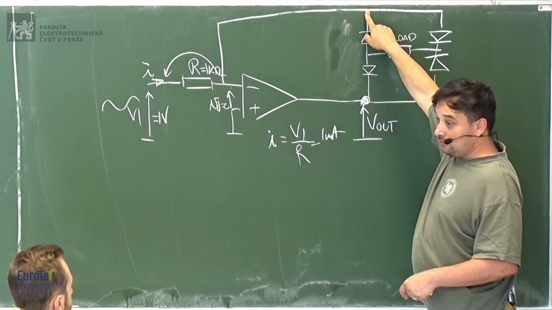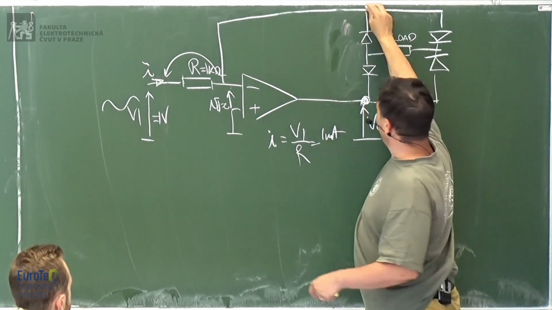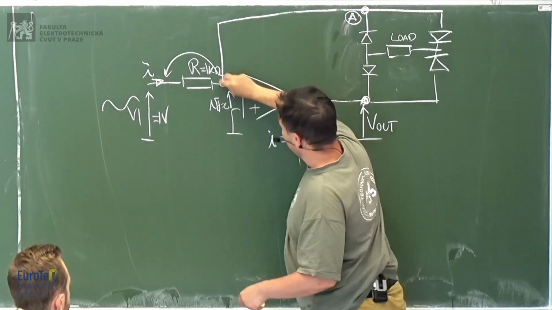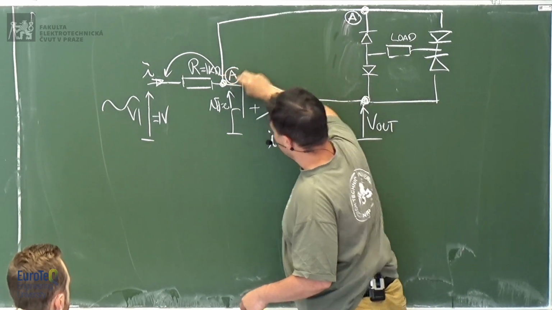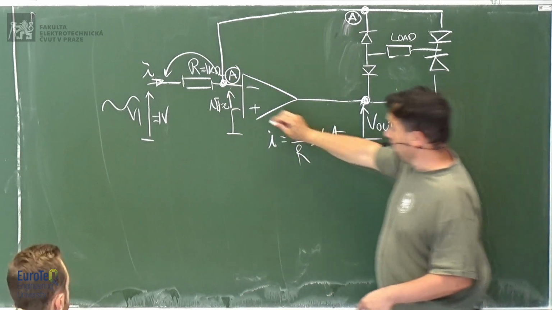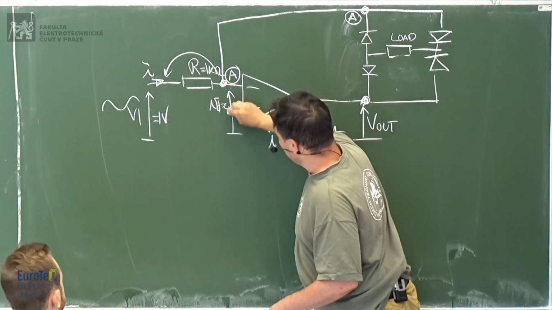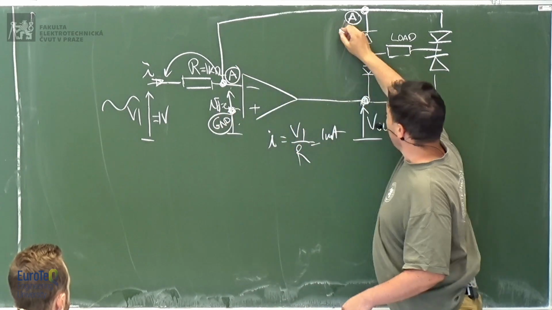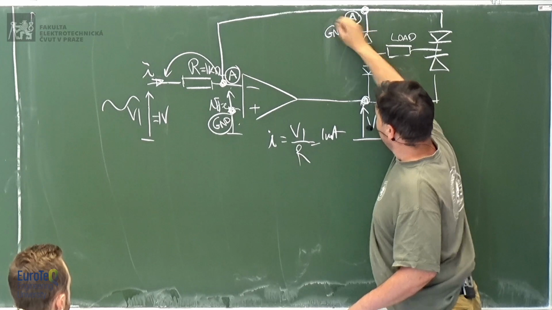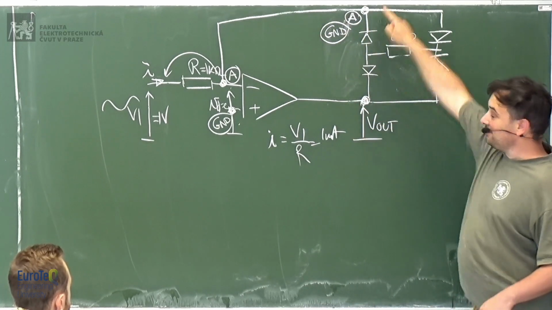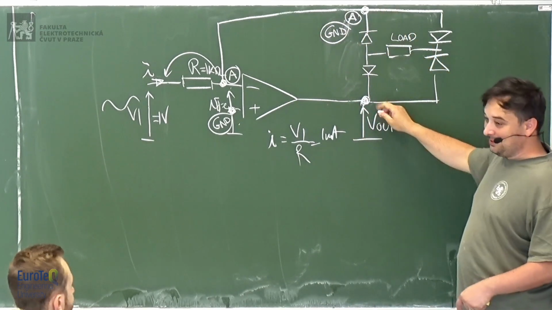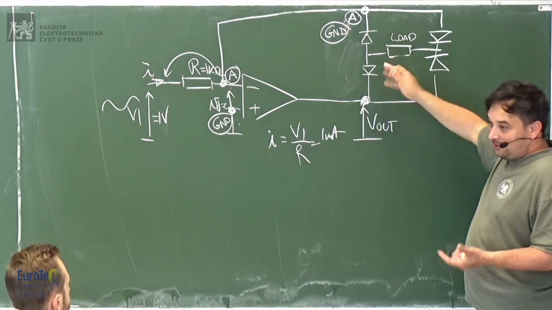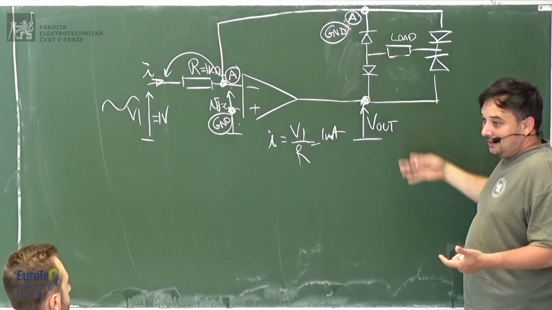This point, let's call it A, is the same as this point A, correct? Yes. And this point is at the same potential as ground. It sounds weird because the ground is on the top and the output is on the bottom, but it doesn't matter. Even if you flip top and bottom, you still have the same.